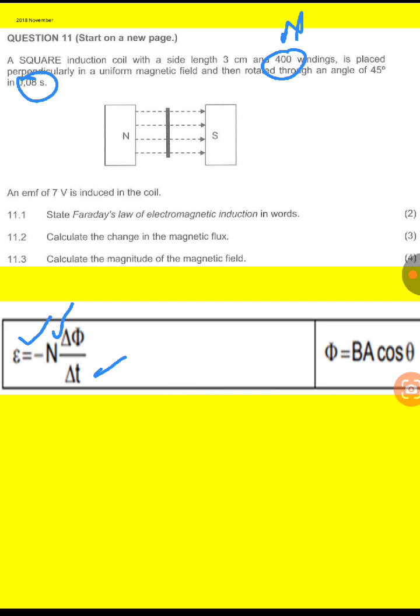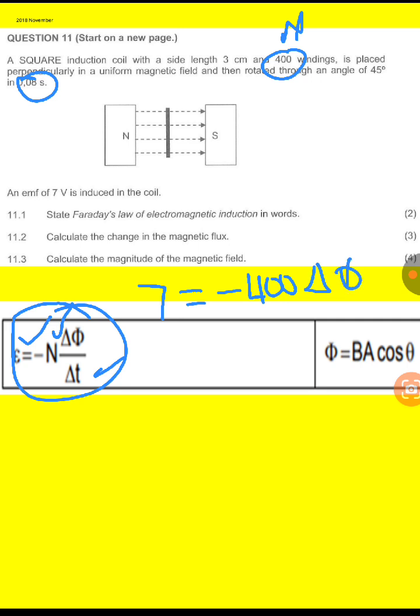So when we do substitution here, the EMF is 7. You write this formula, then you substitute 7 for EMF, negative 400, then change in magnetic flux is what we're looking for, divided by 0.08.